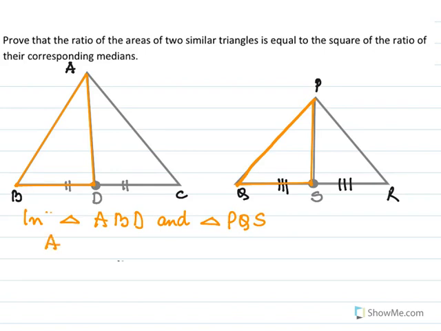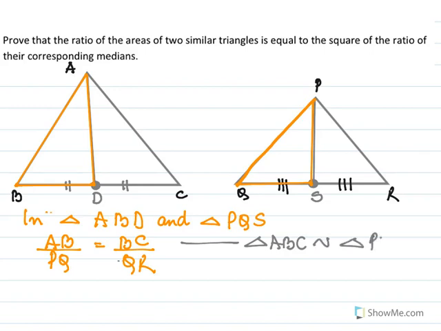So we have AB over PQ equal to BC over QR. And the reason for this is triangle ABC, the large triangle ABC was similar to triangle PQR. So these were the corresponding sides. Now we have AB over PQ.